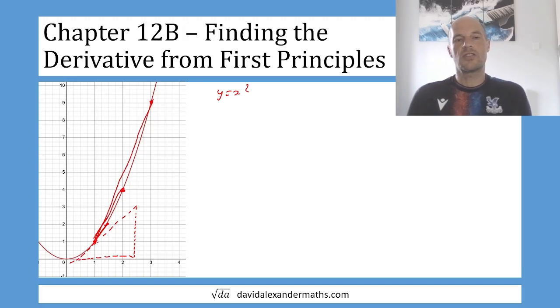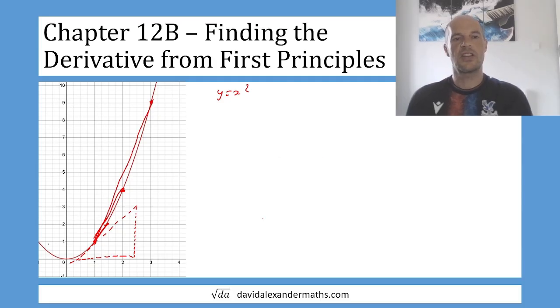So what we are suggesting here is that if we add an infinitesimally small amount to our x value, then we will have an infinitesimally short chord, which will then have exactly the same gradient as the tangent at that point.